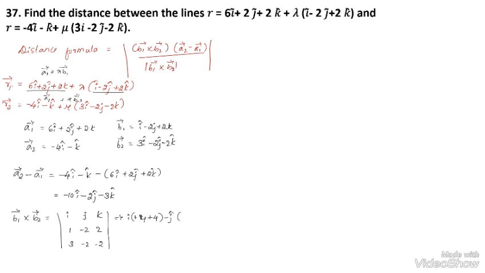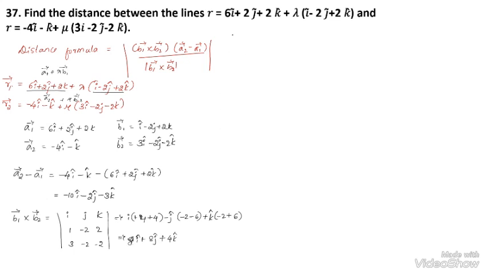Then minus of j: neglecting the second row, 1 into minus 2 minus 2 into 3, that is minus 6, so plus 8. Then k cap into 1 into minus 2 minus 3 into minus 2, that is plus 4. This is the value: 8i plus 8j plus 4k.